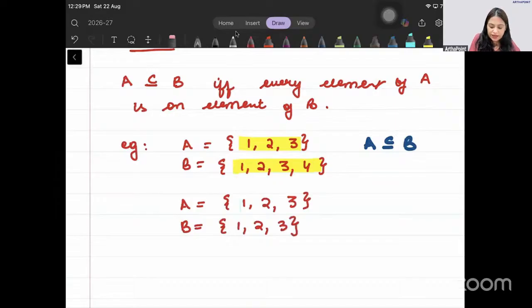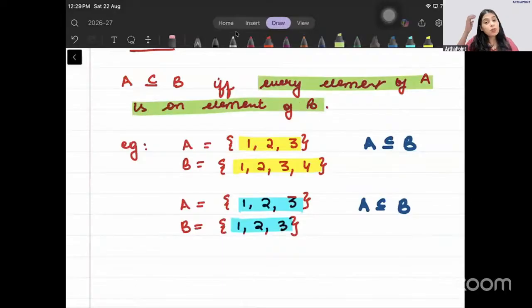Then also whatever A contains, B contains. जो भी A में आ रहा है वो B में आ ही रहा है. So again I can say that A is a subset of B. So if whatever A contains is contained in B, जो भी A में है अगर वो B में दिखे, then we will say A is a subset of B.